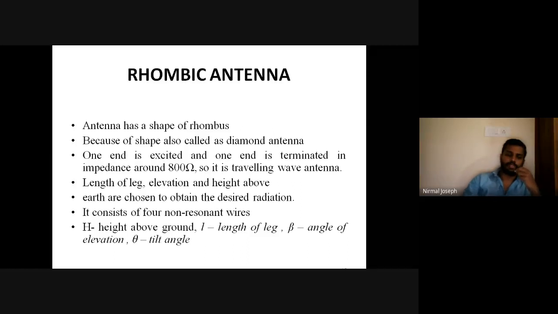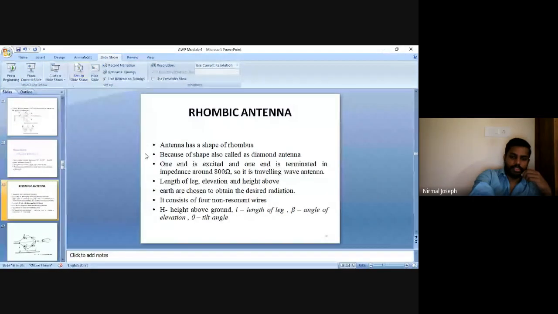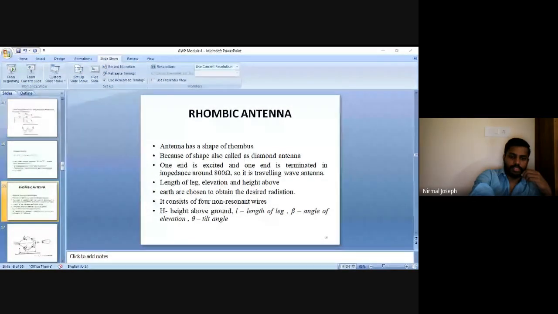What is a rhombus? What is a rhombus? What is a rhombus? Is that just basic elementary things I'm asking? What is a rhombus?